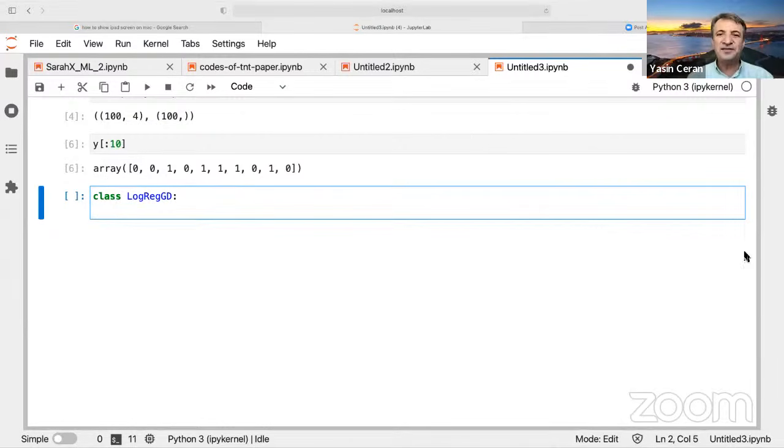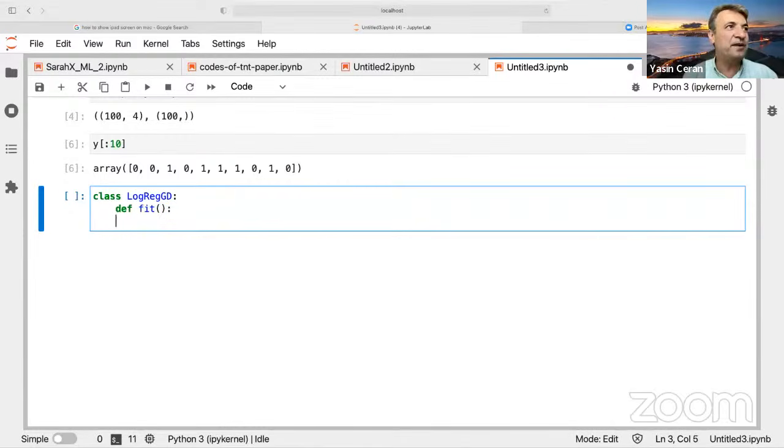So in this class, I'm going to have 3 main functions. Remember, with classes, we are putting together functions, right? One is the function fit.